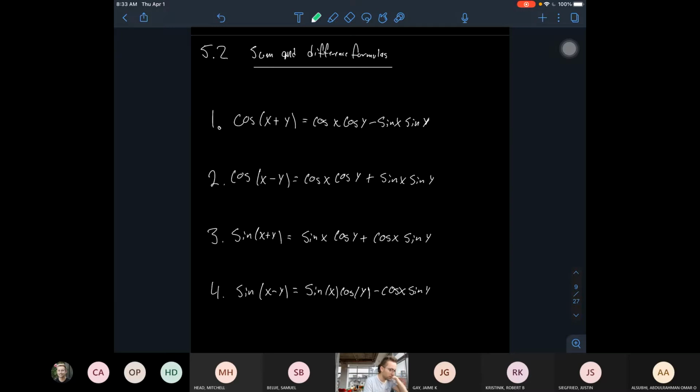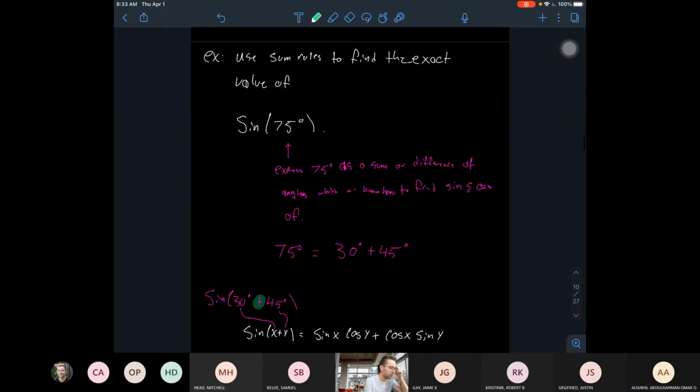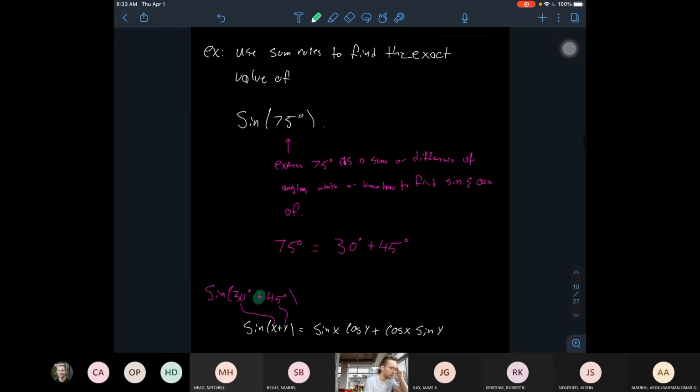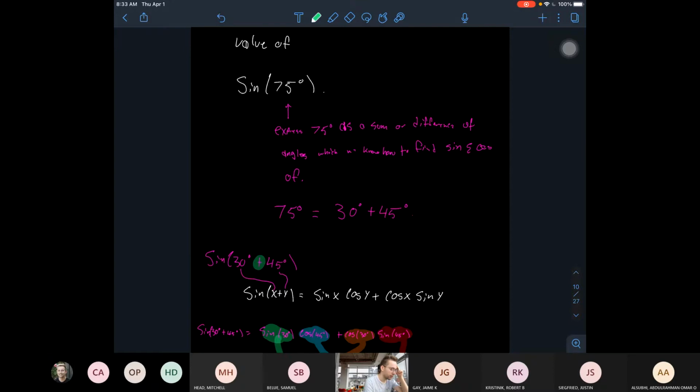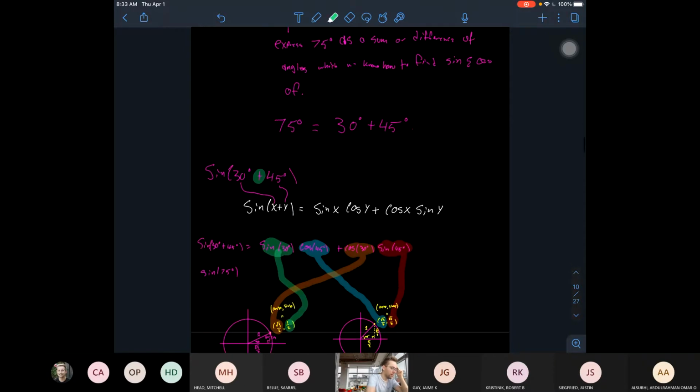Now we can do sums and differences. For example, we found the sine of 75 degrees by expressing 75 degrees as a sum of 30 degrees and 45 degrees. Then we had this formula, which is written in white here. I'll circle it in the green highlighter. That formula tells me how to find the sine of a sum of two angles.